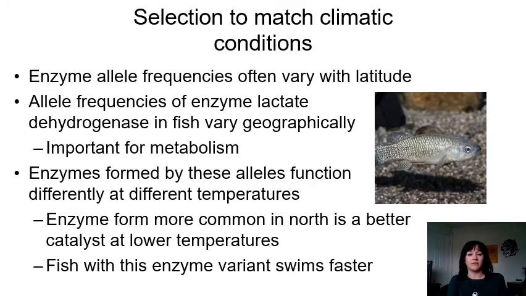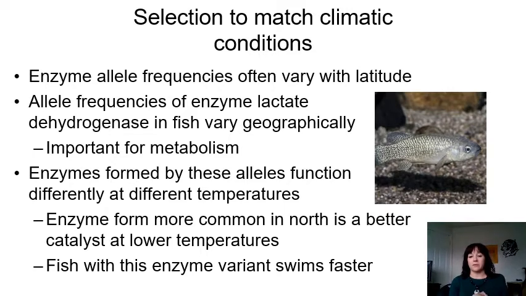One allele for this enzyme functions better at a cold temperature, and the other allele codes for an enzyme that functions better at a warmer temperature. So you have one gene for an enzyme, two variants, two alleles, colder temperature optimized and warmer temperature optimized.